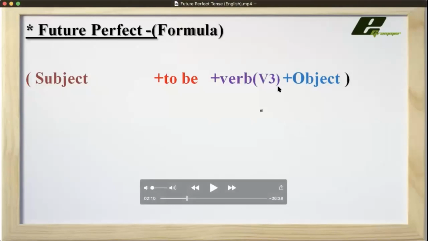Here we have written V3, which is the past participle of the verb, and then comes the object. Let's see some examples.